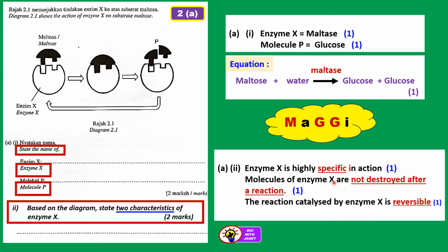You must write the word specific, specific in action. And if you're asked to explain why we say enzyme X is highly specific in action, you have to elaborate and say that each type of enzyme can act only on one substrate. That is the meaning of the word specific.